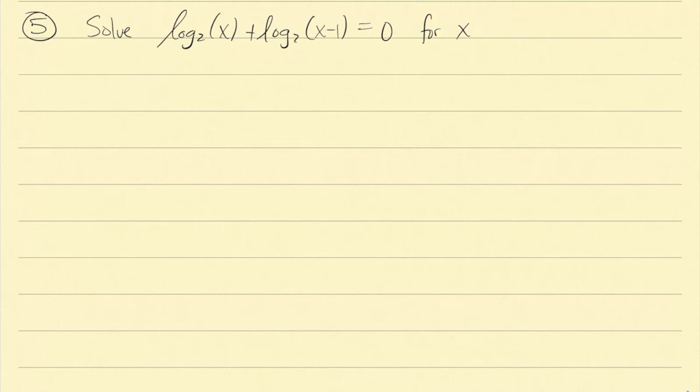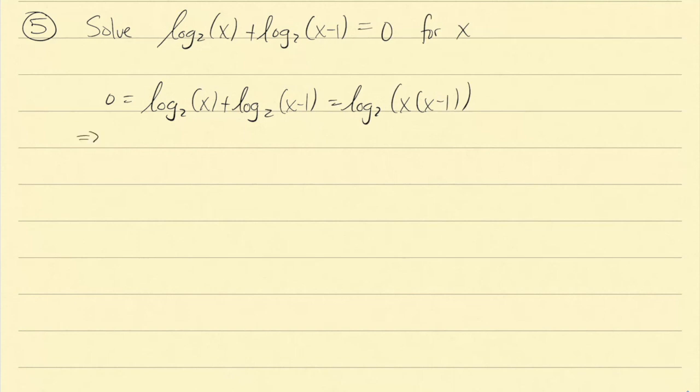We can also solve equations involving logarithms. However, sometimes there's something to watch out for. So first, we can combine the logarithms on the left-hand side. Once we've combined the logarithms together, we can apply the exponential function 2 to the x to both sides.